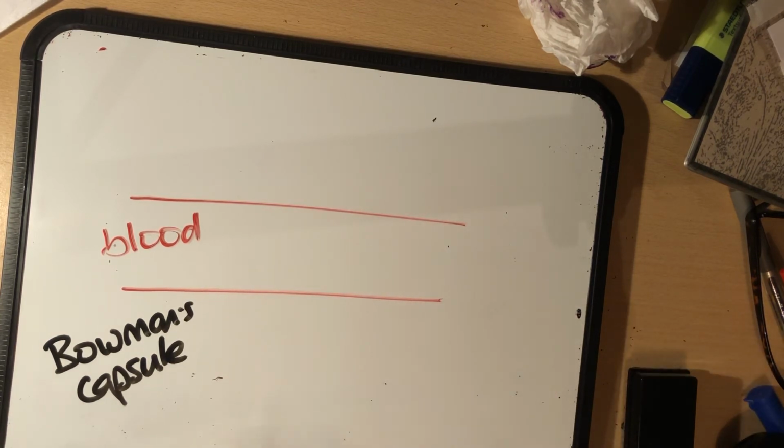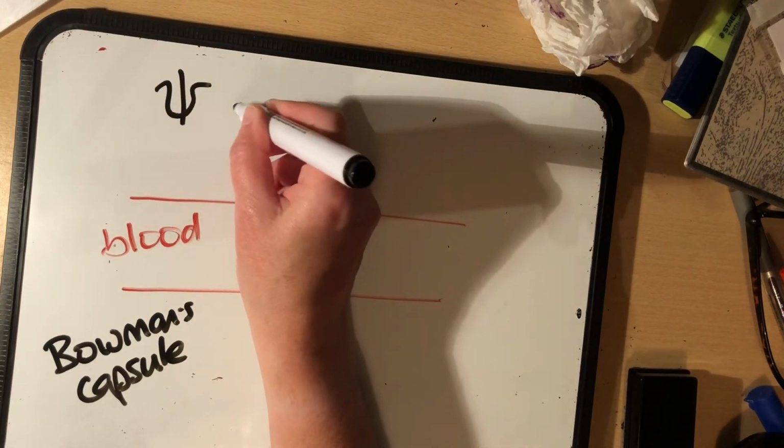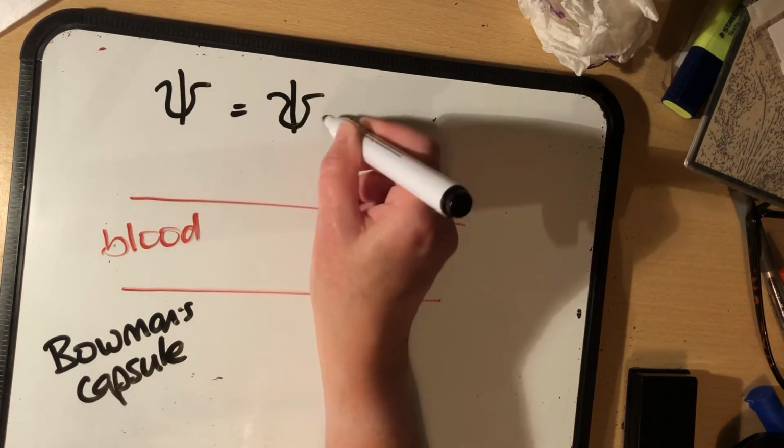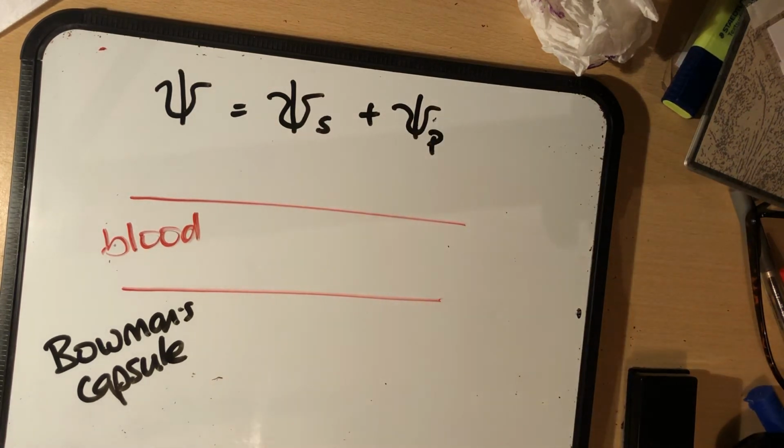Solute potential is due to the solutes in the blood, things like glucose and the plasma proteins. Water potential is equal to the solute potential plus pressure potential. You should remember that from last year.